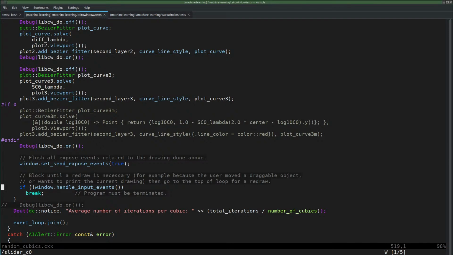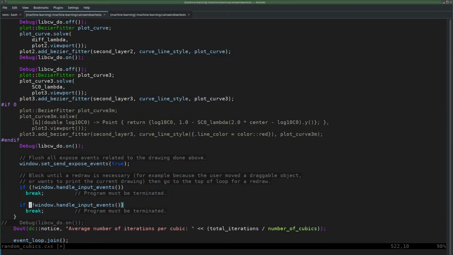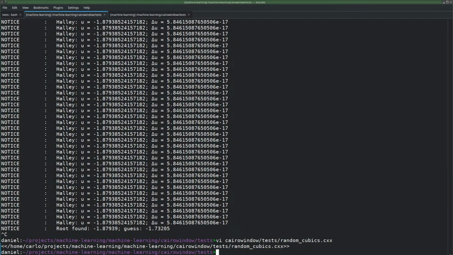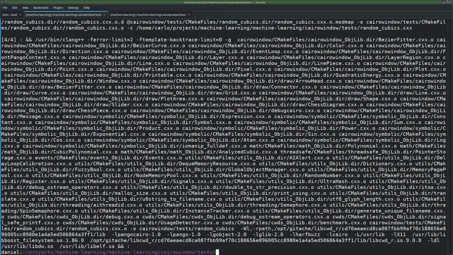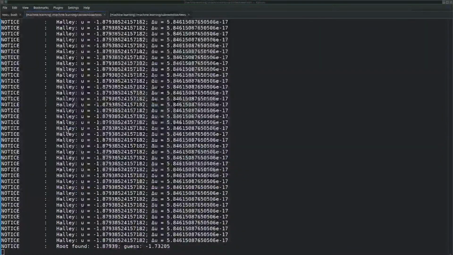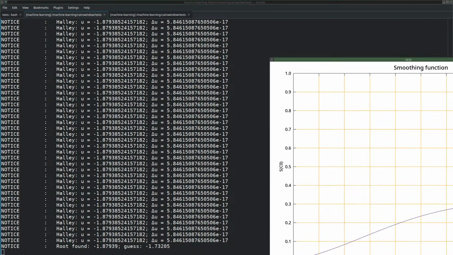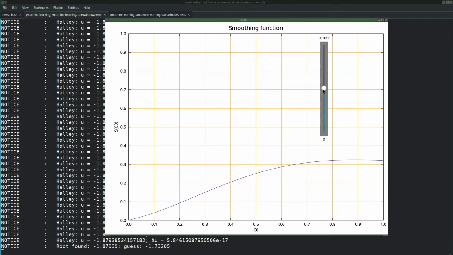Maybe you can just hit space on one window and then go to the slider. Yeah, that worked one time.